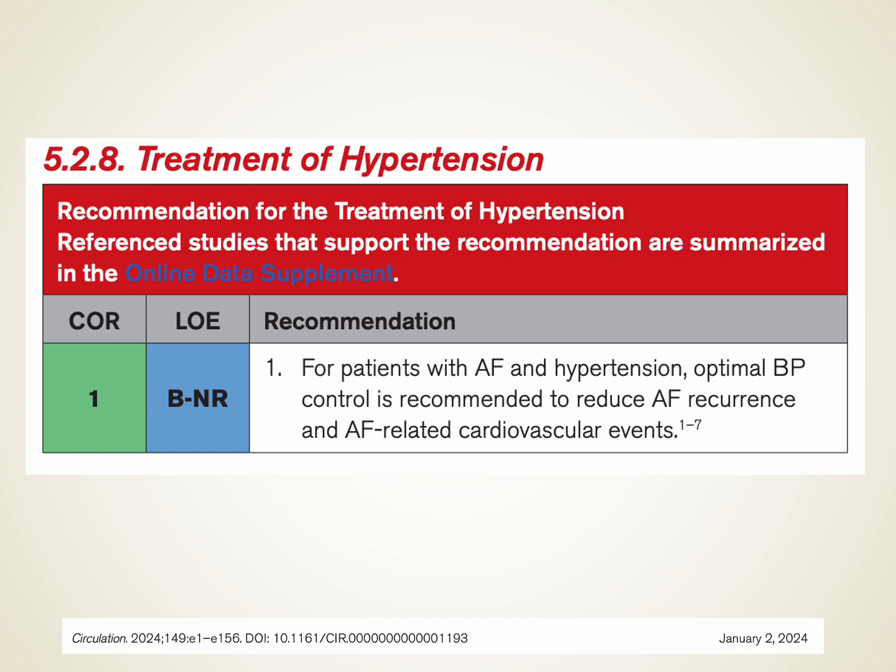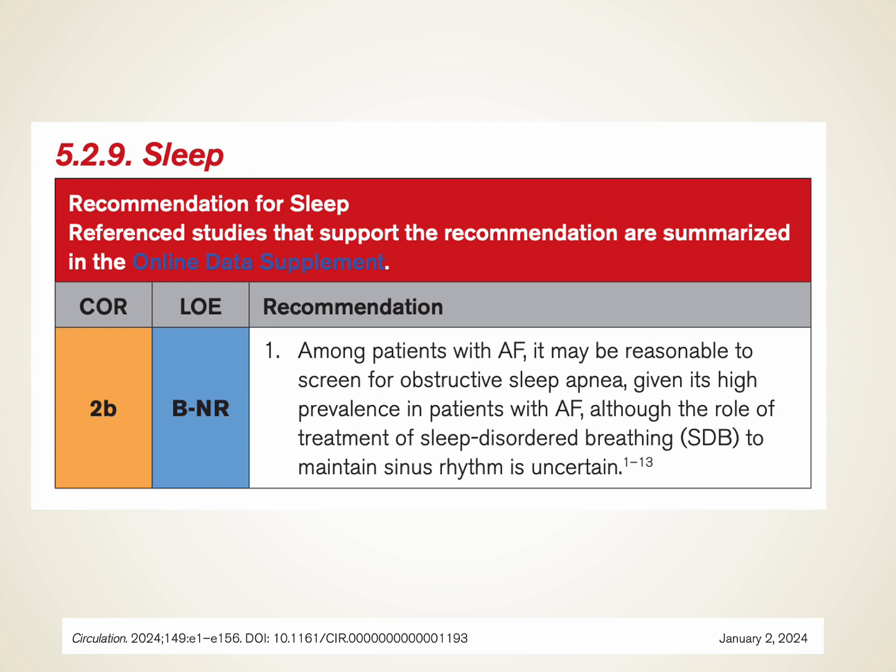Important to treat hypertension. We've talked about that, but hypertension as a risk for AFib is also a consideration. Important to look at folks who might have sleep apnea, particularly sleep apnea that may be correlated with AFib.